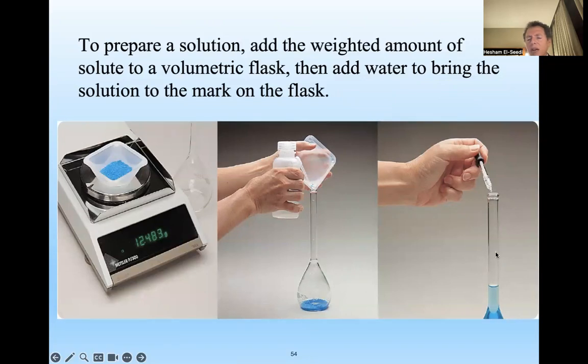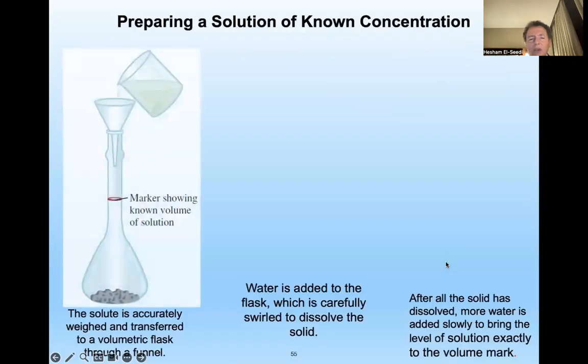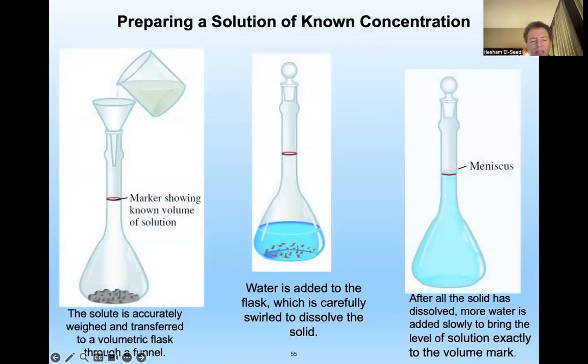Then you start to add the solvent to the flask. Then you will get a clear solution. Here you can see some examples. Another example, you put here the amount of solute, and then you start to add the solvent here until exactly this line. So you get an accurate solution in this way, right?